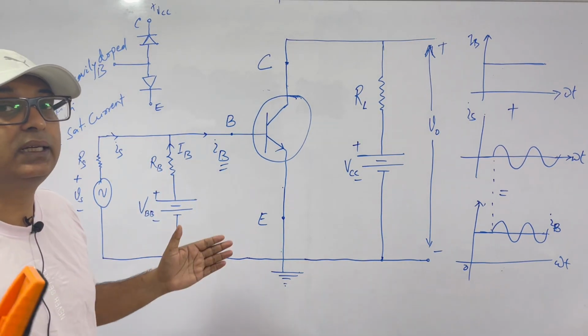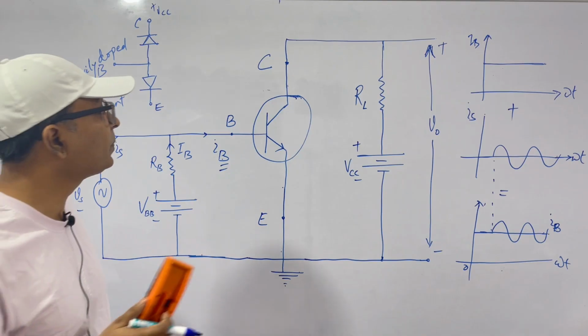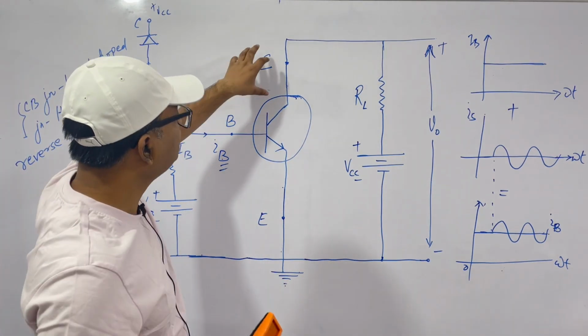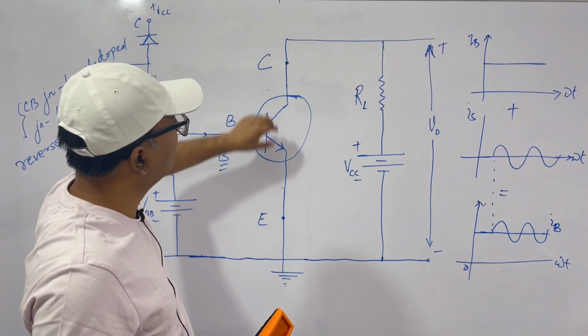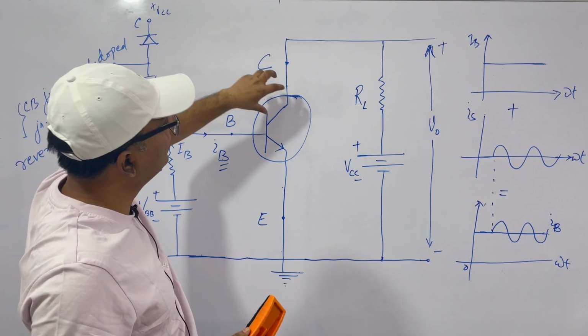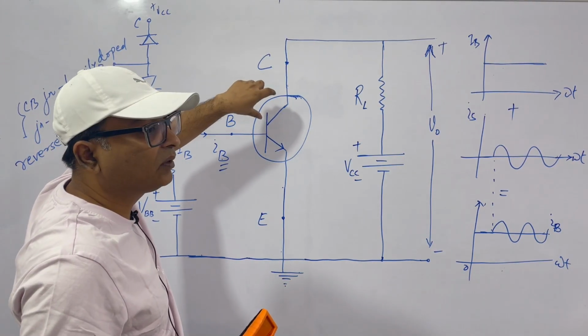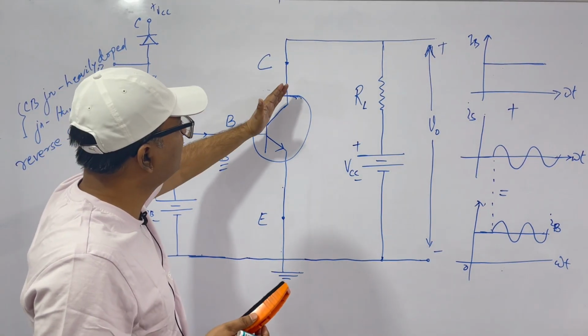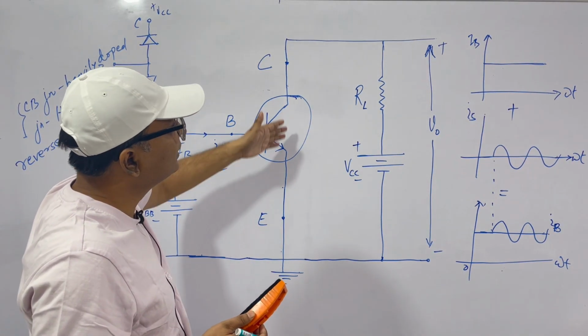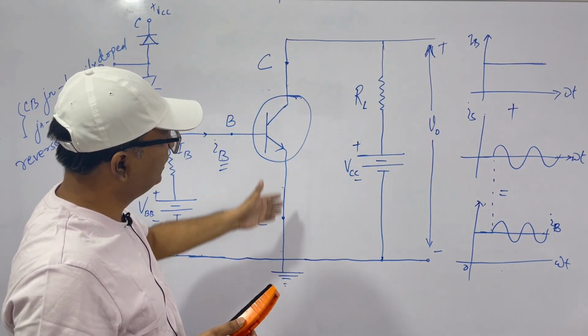So what happens? We forward bias this, and because of the particular configuration or manufacturing technique of this junction, reverse saturation current flows in this direction.